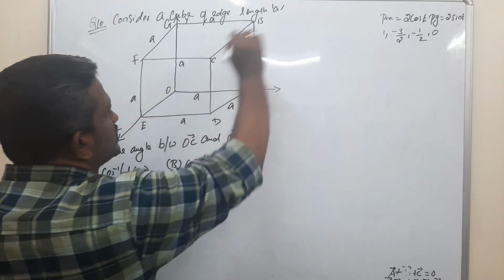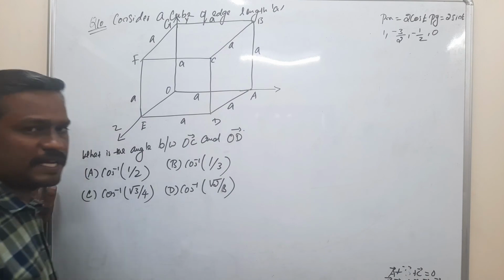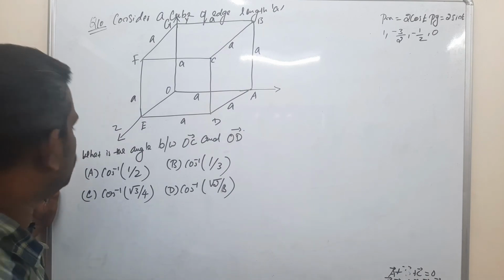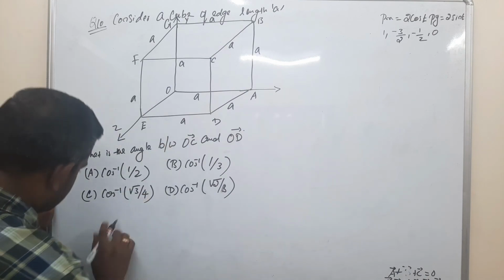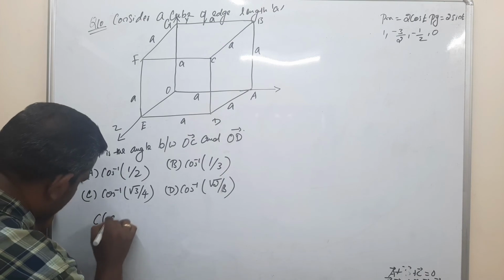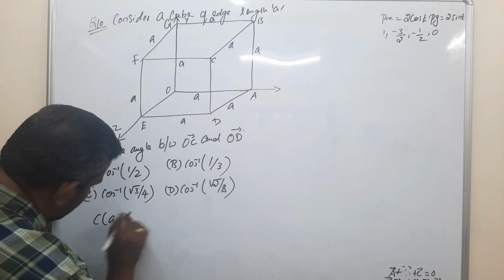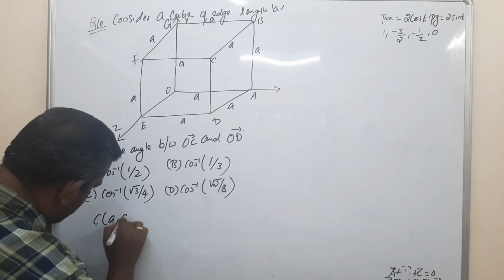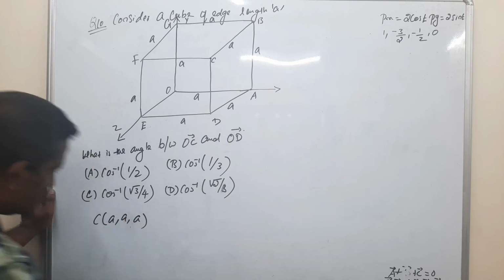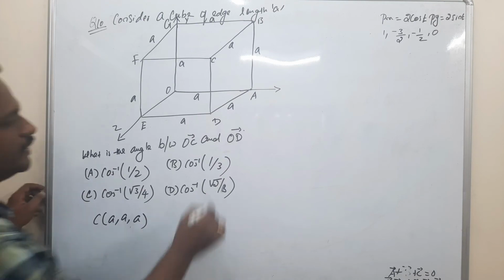All the edges are of the same length A, so the coordinates of C we can write as C of A comma A comma A.